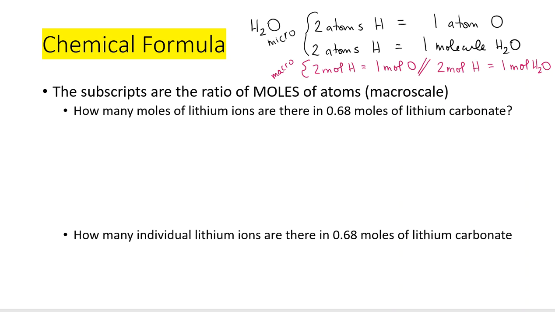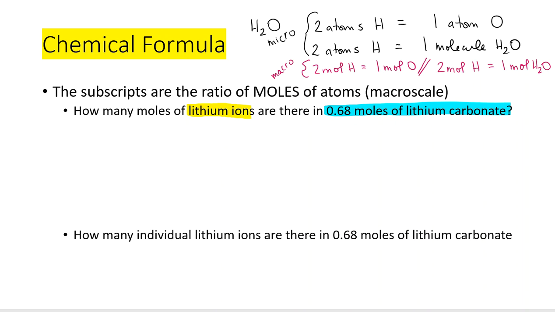Okay, so let's get into a problem. How many moles of lithium ions, that's what we want our answer to be in, are there in 0.68 moles of lithium carbonate? That's where we're going to start. If I were in class with you, I would make you tell me what the chemical formula of lithium carbonate is, because again, most crucial thing, ionic nomenclature.